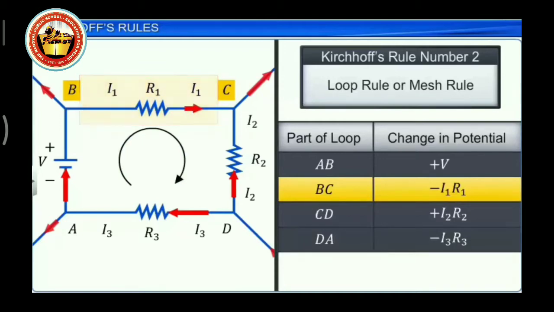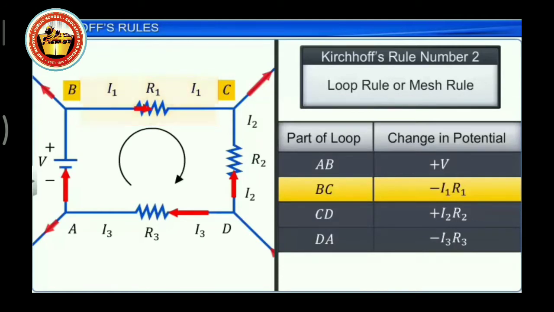Coming to CD. At CD, the current direction is opposite to our assumed direction, meaning the clockwise direction is opposite to I2. So that's why, since both are opposite, we take positive. Plus I2 R2.